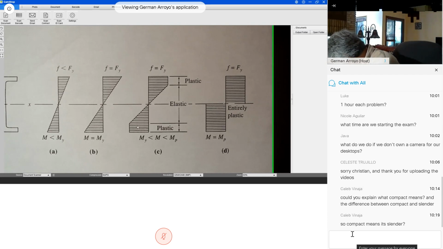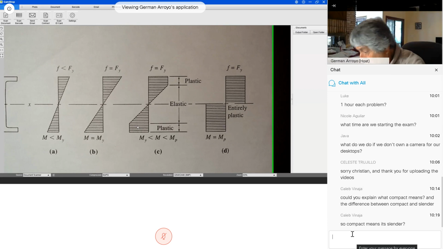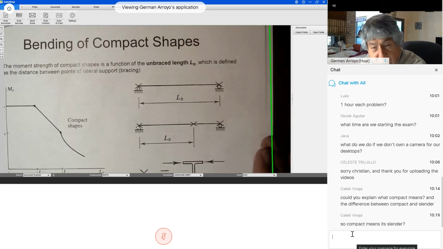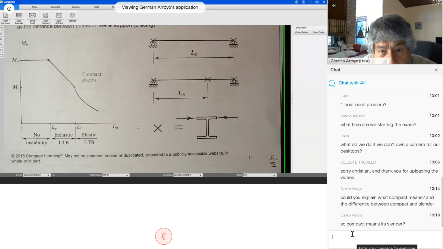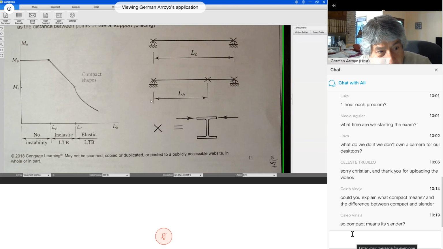So the plastic hinge is related to the plastic moment. So the section that I was talking about, depending on this unbraced length, it could look like this. Only a compact section with small unbraced length can develop the plastic hinge.